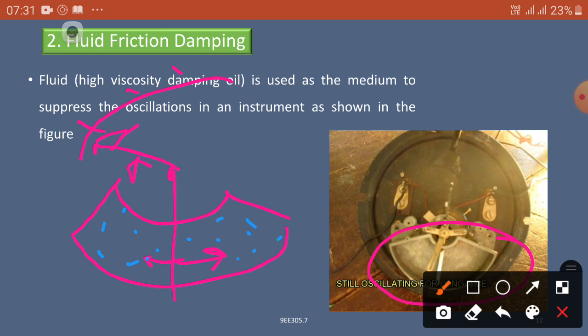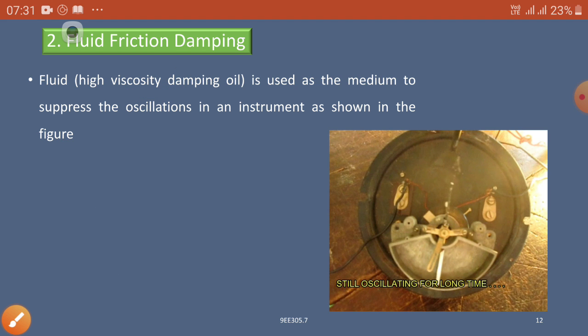There is no path to escape, so automatically it opposes the easy movement of the vane. Since the vane is connected to our pointer, the pointer does not move freely, and overshoot and undershoot at the final position are avoided. This is the concept. Okay, let us see one by one.